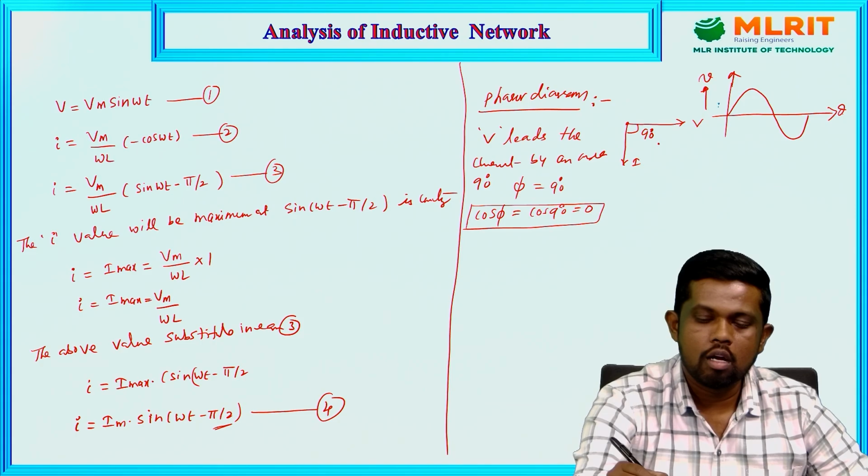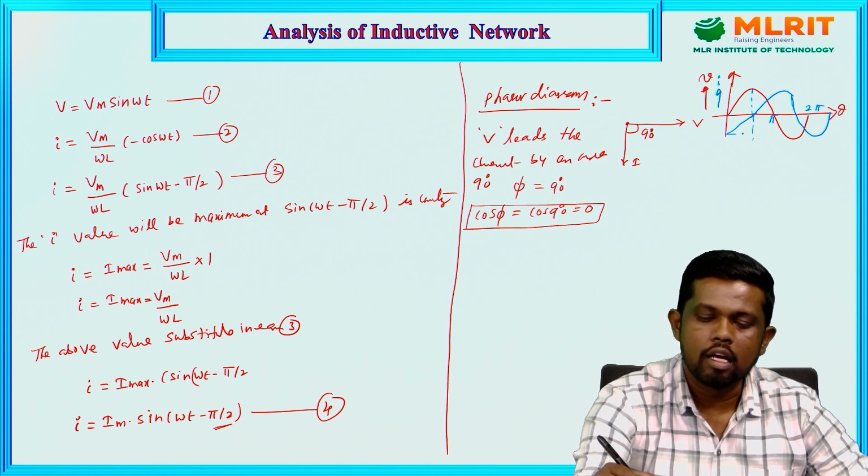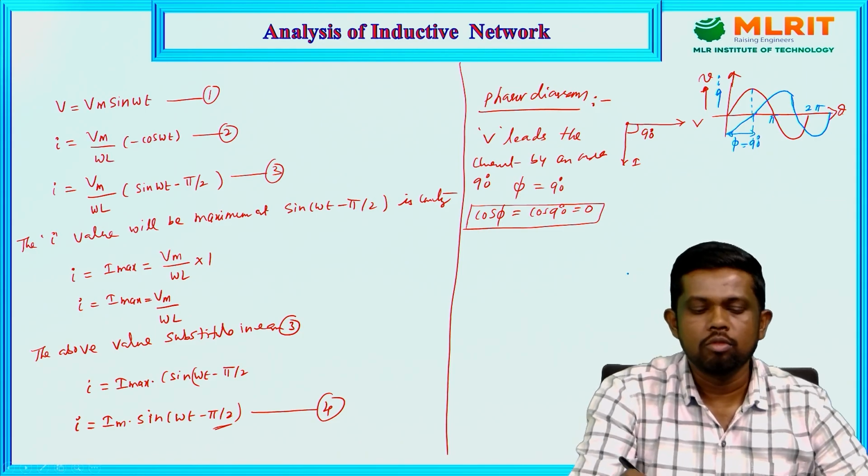This is the current of the above circuit. This is pi, this is 2 pi, and this is pi by 2. The current always lags the voltage at an angle of 90 degrees. This is the corresponding phase angle, phi equal to 90 degrees.